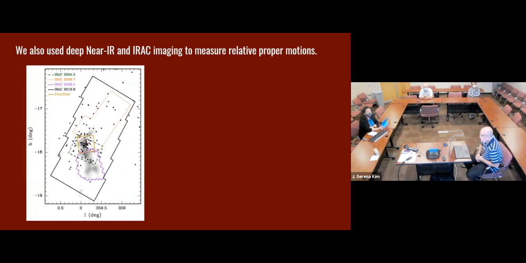We also had, and this was the actual beginning, deep near-IR and IRAC imaging. So IRAC on the Spitzer Space Telescope imaged the region at multiple epochs. And then I also got deep FourStar imaging, which is an instrument on the Magellan telescope.